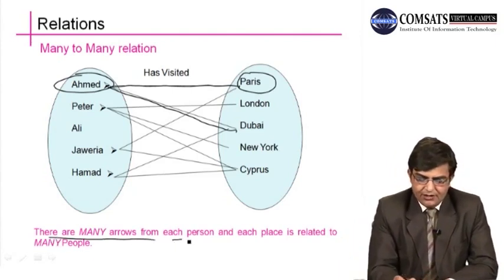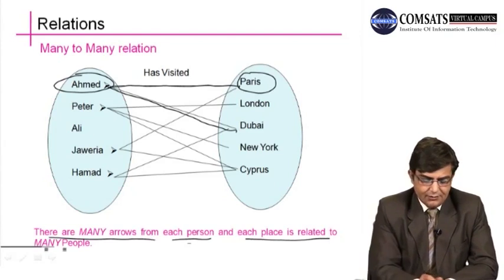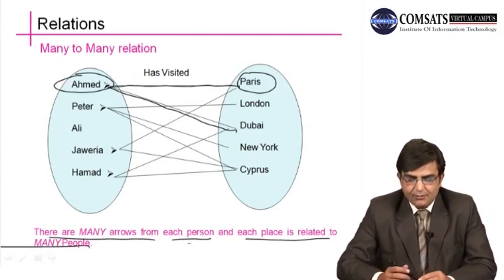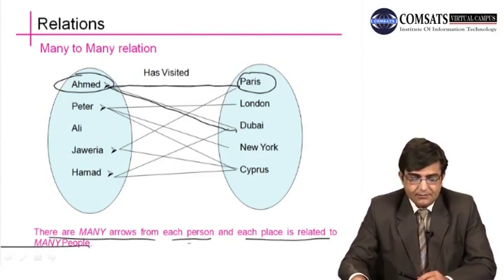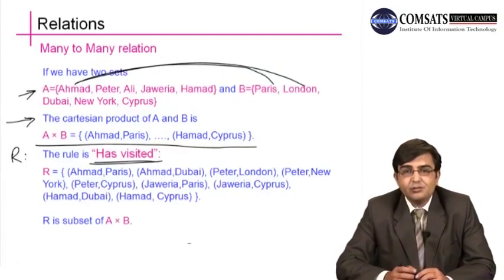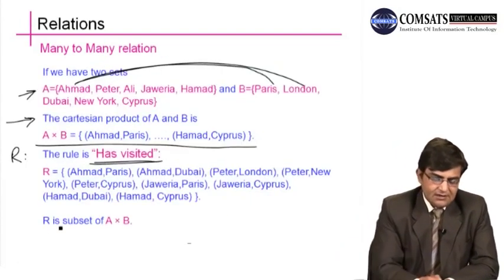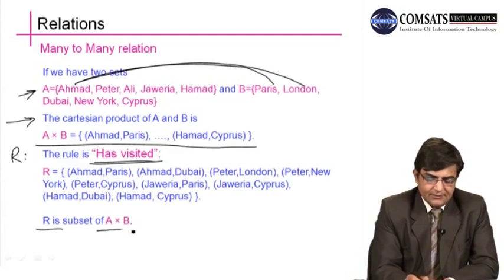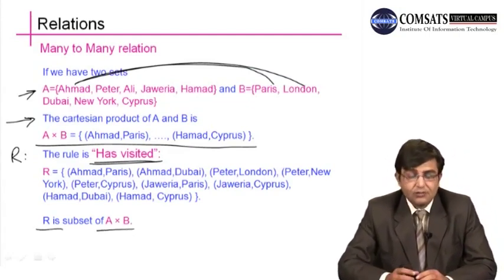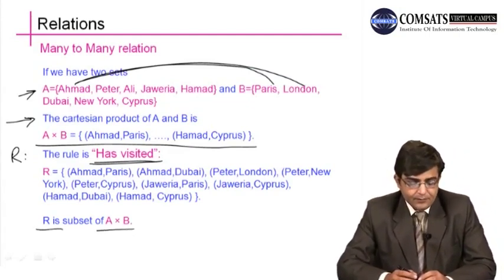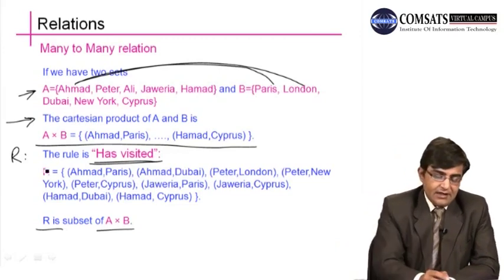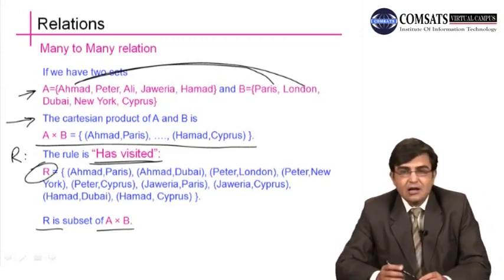There are many arrows from each person, and each place is related to many people. You can also see R is a subset of A cross B, because A cross B contains more elements than the elements in the relation R.